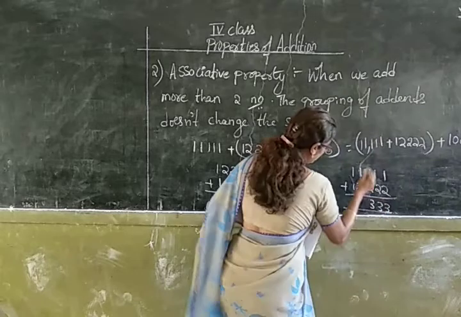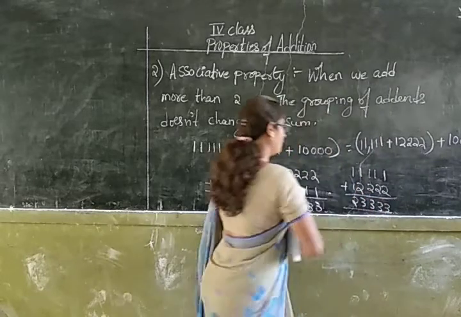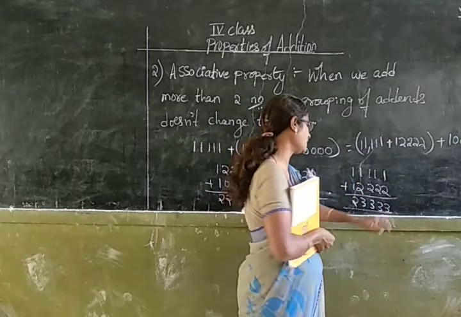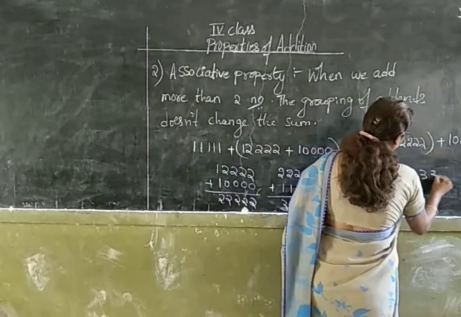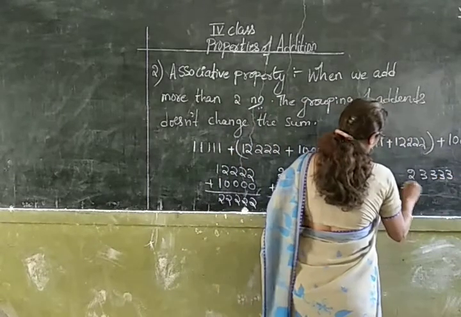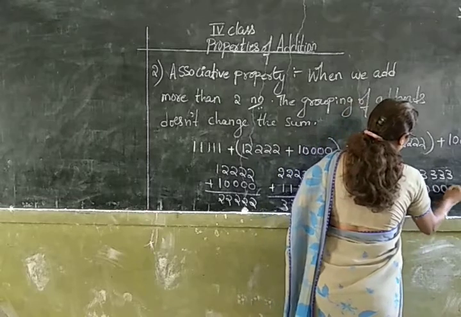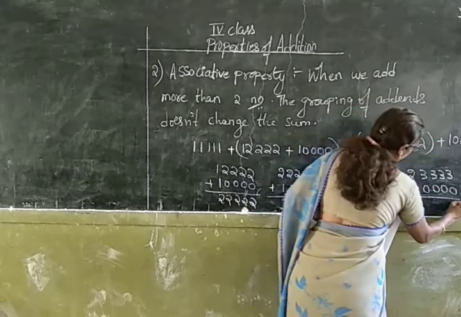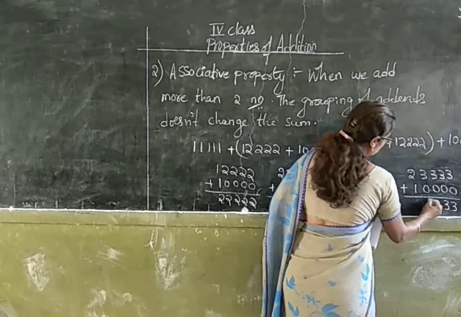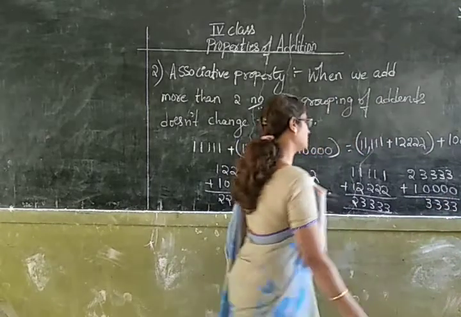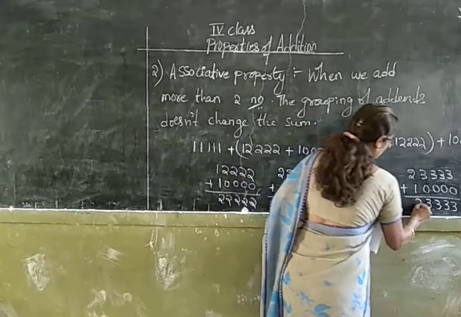The answer is 3, 3, 3 and 2. I got 23,333. Now I am going to add 23,333 with 10,000. Now 3 plus 0 is 3, 3 plus 0 is 3, 3 plus 0 is 3, 3 plus 0 is 3, 2 plus 1 is 3.